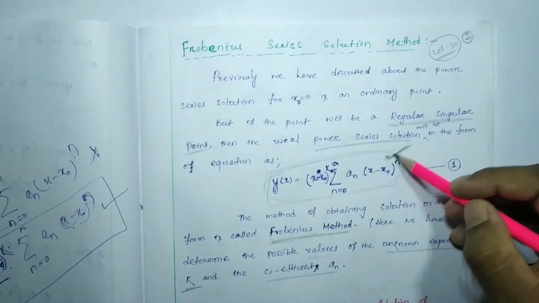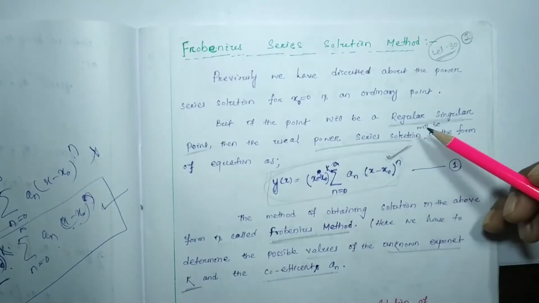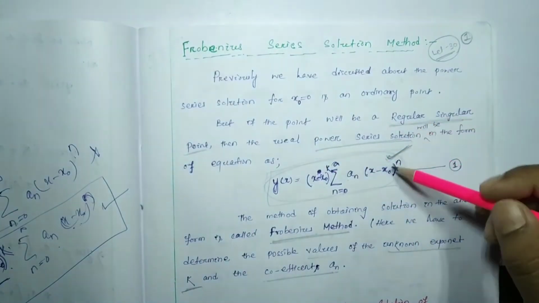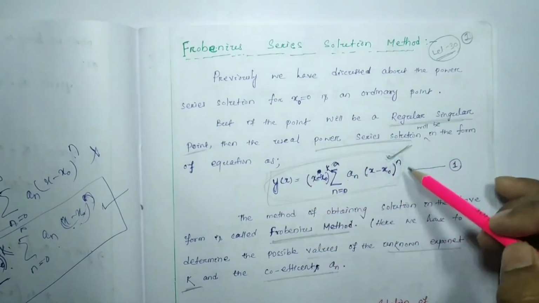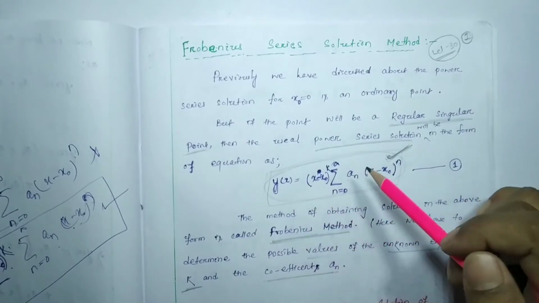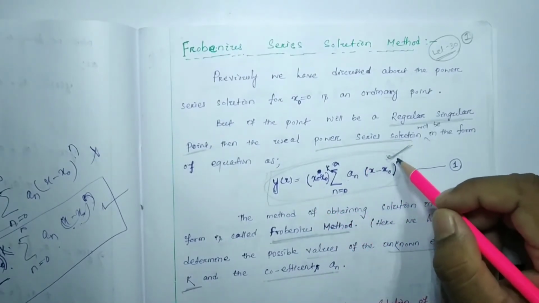In this format we have to write the power series solution of a differential equation about the regular singular point. This equation I corrected in the last video, and one correction video I also provided to you.